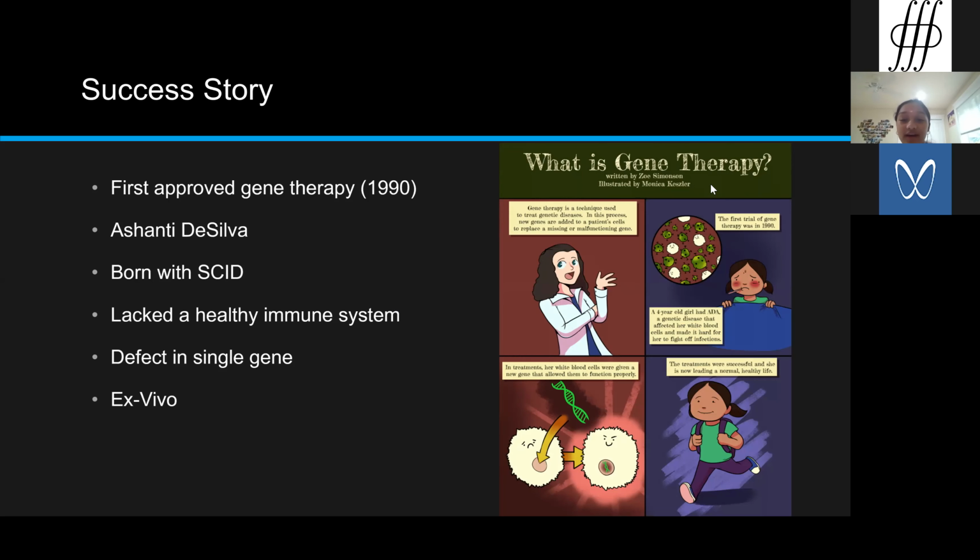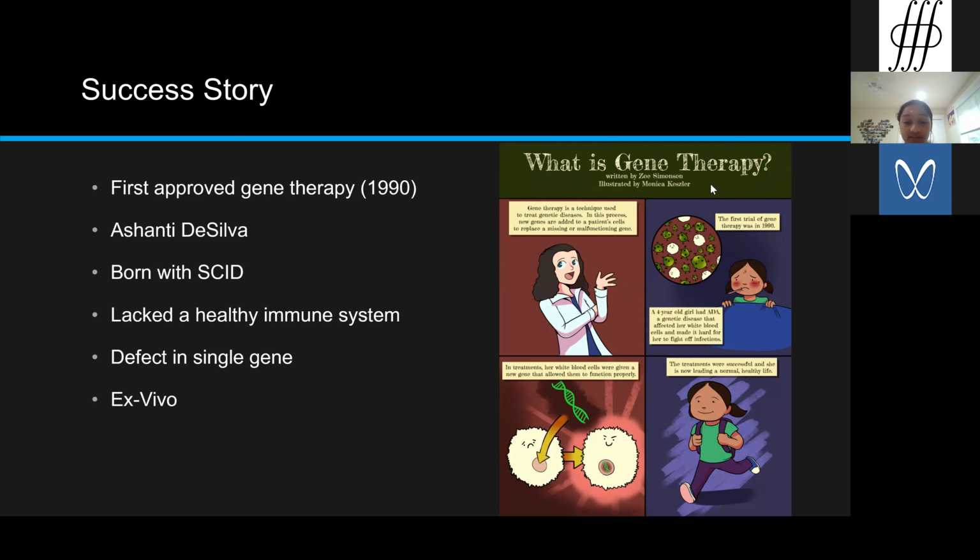Okay, so a success story is the first approved gene therapy, and this was done in 1990 on a girl named Ashanti De Silva, who was 4 years old. She was born with SCID, which is severe combined immunodeficiency disease. Basically, that meant that she lacked a healthy immune system, which meant that she was easily prone to infection.